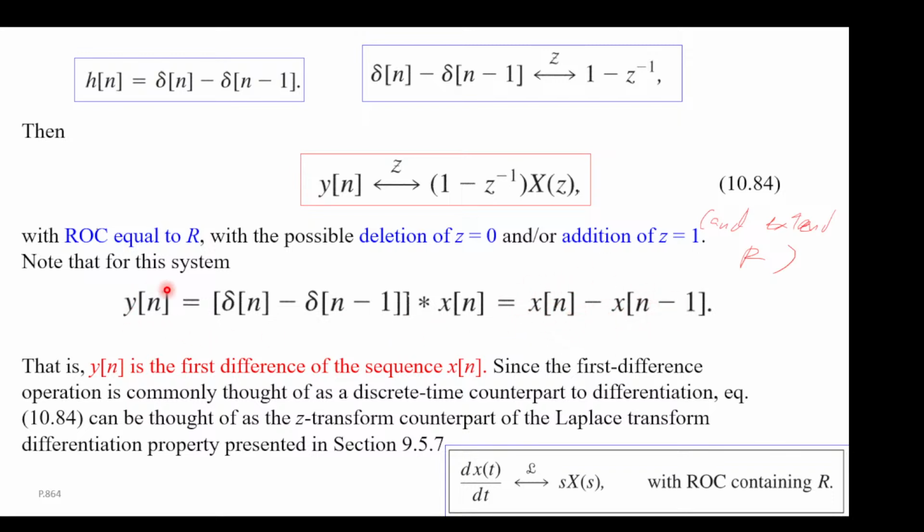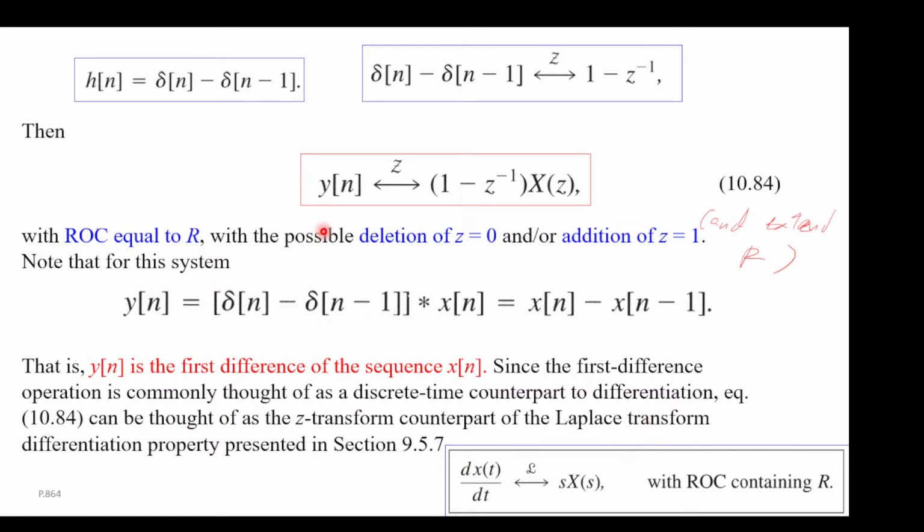So the n-th step of y is the n-th step of x minus the previous step of x. That's the first difference of your x of n, and it's like a discrete time variant of differentiation. So this property here is like the discrete time variant of the differentiation property.